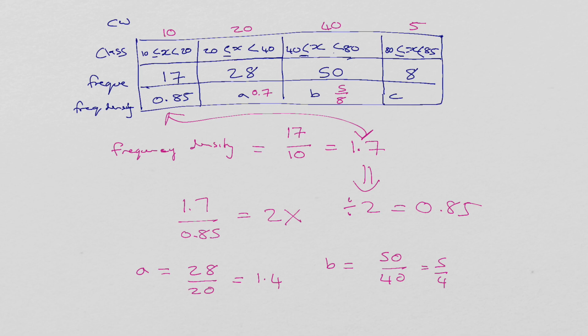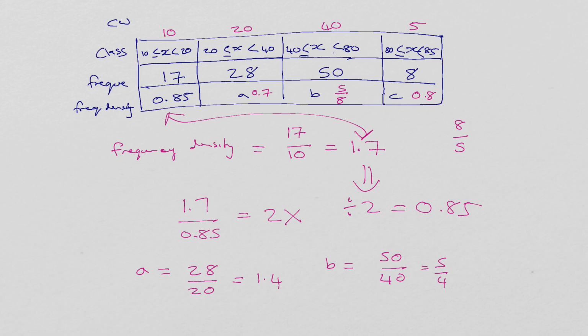And then the last one, your frequency density is your frequency, which is 8, over your class width, which is 5, and you divide it by 2, which hopefully you know is 0.8, right? And if you don't, your calculator definitely does.